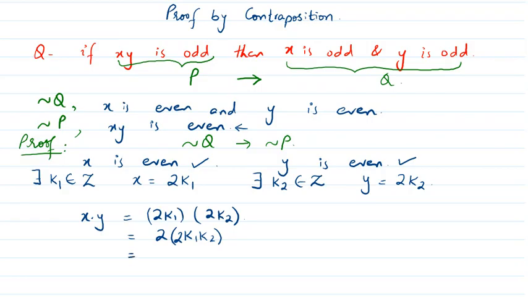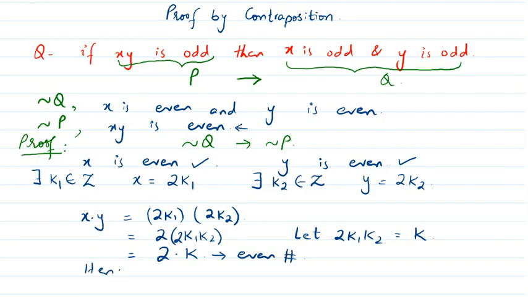If I may let 2k1 and k2 is equals to k. So this is in fact 2 times k, and you are pretty sure that this k is definitely going to be an integer. This definitely shows that it is an even number.